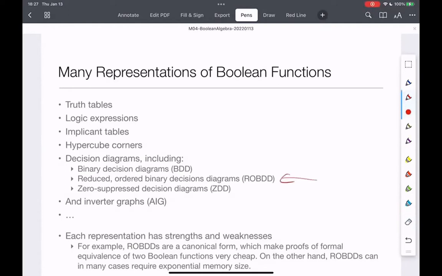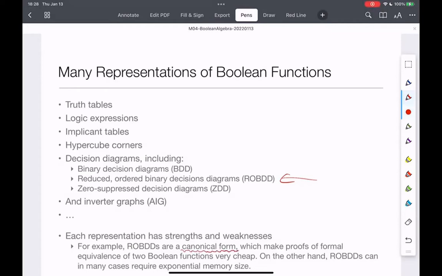So in particular, this formalism, which is called reduced order binary decision diagram, or ROBDD, is used quite a bit by many of the tools. And the main thing is that it is what is called in math a canonical form.